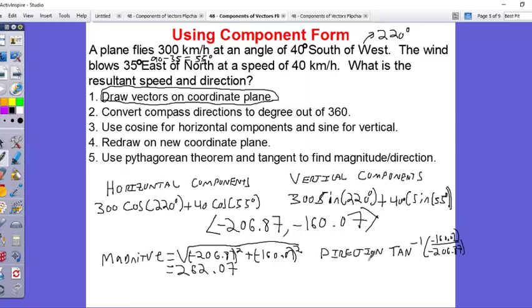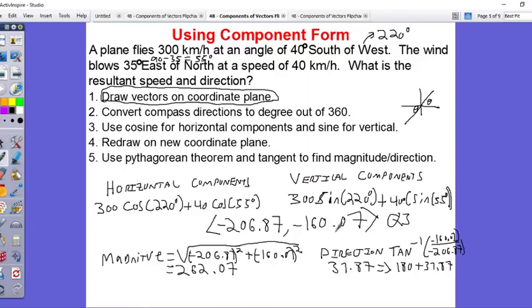So the calculator output is going to be 37.87 degrees. But if you see this, the x value is negative, the y value is negative. So this is quadrant 3. So the quadrant 3 equivalent angle is going to be 180 plus 37.87, because this is our angle, and this is also our angle.